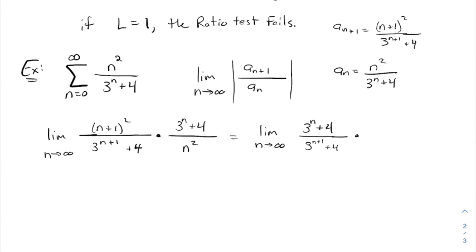And then I'm going to put the n plus 1 squared over n squared together. And now I can break this into two limits. Three to the n plus 4 over 3 to the n plus 1 plus 4 times this.